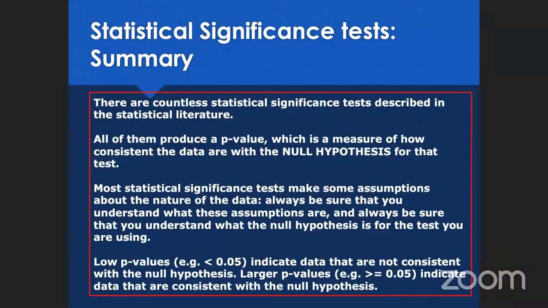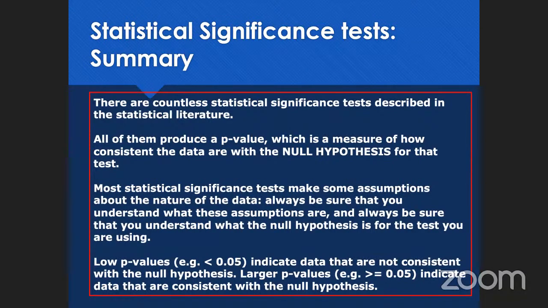For statistical significance tests, there are countless tests being used. All of them produce a p-value, which is a measure of the consistency of the data with the null hypothesis for that test.